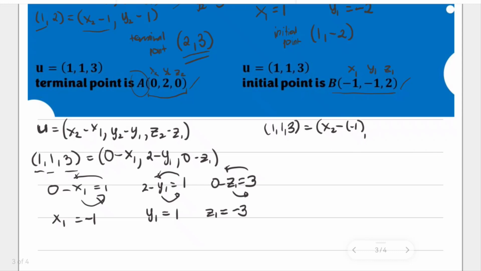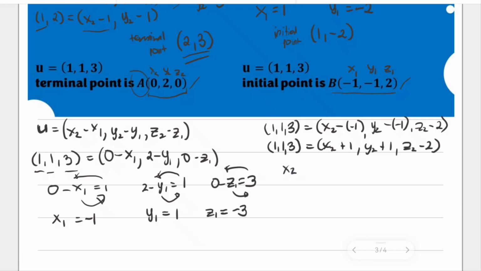And then you will have the next, y sub 2 minus another negative 1. Then you will have z sub 2 minus 2. Okay. So you will have here 1, 1, and 3. This is x sub 2 plus 1, y sub 2 plus 1, and the same thing, z sub 2 minus 2. And again, equality of vectors.